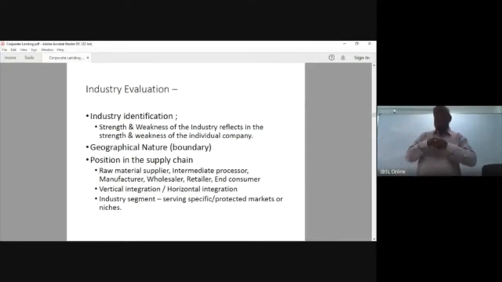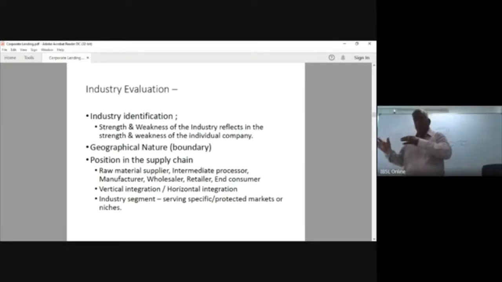Then the industry evaluation. This is also common for the industry within the country. If your customer is operating in an industry, say furniture manufacturing, how is the furniture manufacturing industry in Sri Lanka?